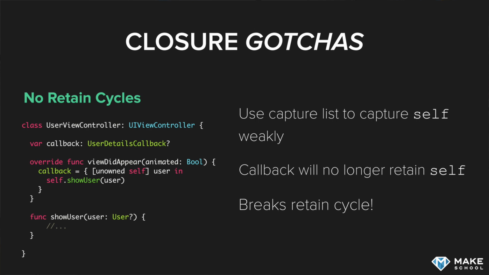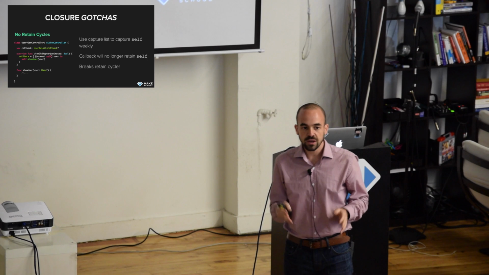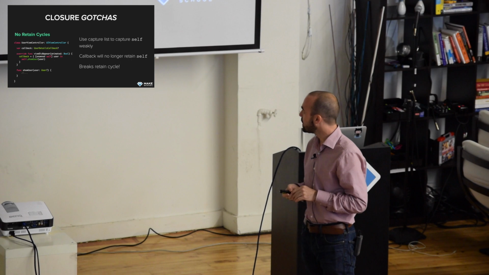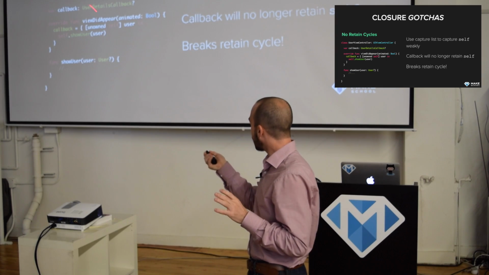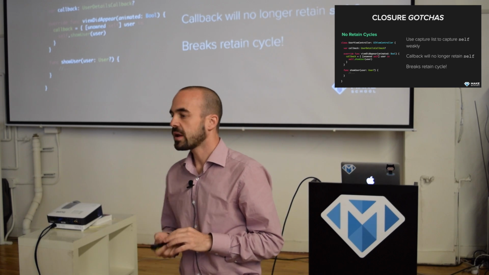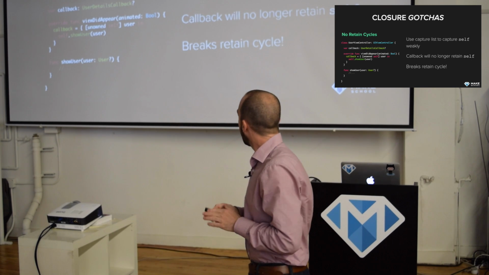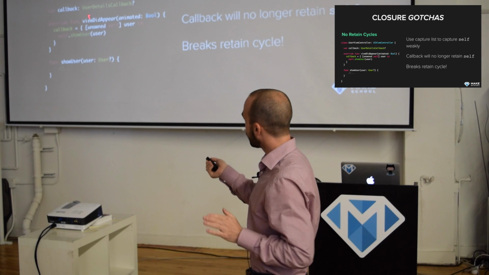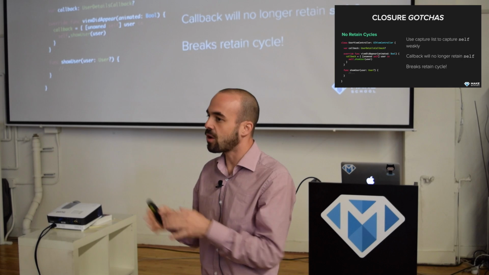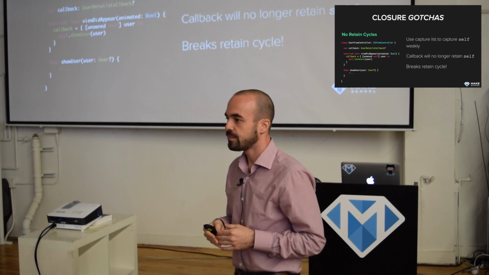Unowned basically means I don't want a strong reference, one that keeps the other object in memory, one that is just like a pointer but has no memory management implications. And that means if the object is ever freed, then this reference will turn to null. We can talk about it more as part of the memory management lecture, but essentially this will keep a weak reference that doesn't keep the other object in memory, and that breaks the retain cycle.